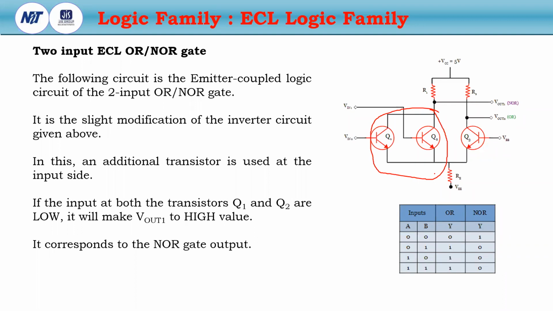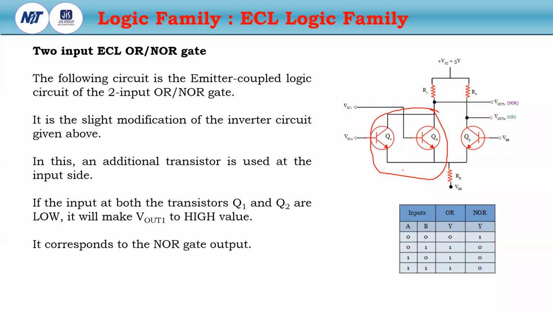Okay. So if the transistors are in parallel, then we will get the OR operation or the NOR operation. If the input transistors are connected in series, then we will get the NAND operation and the AND operation. Okay.